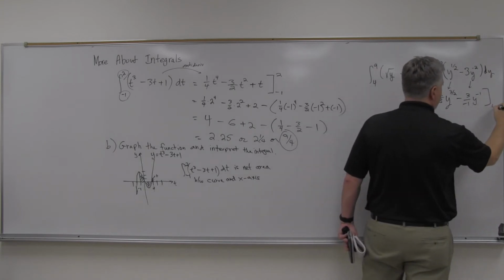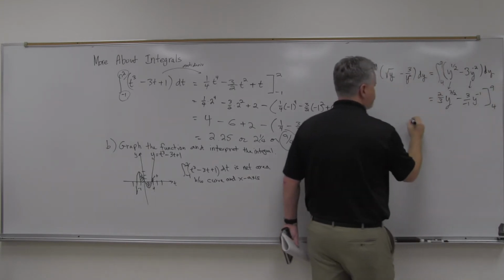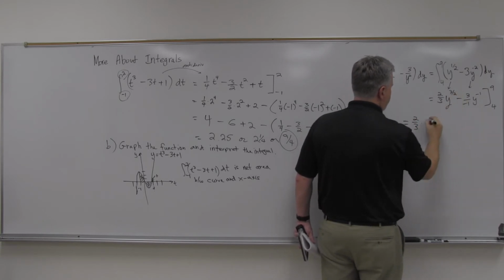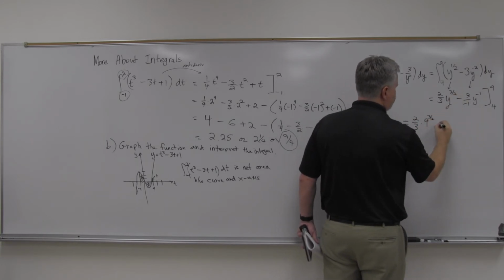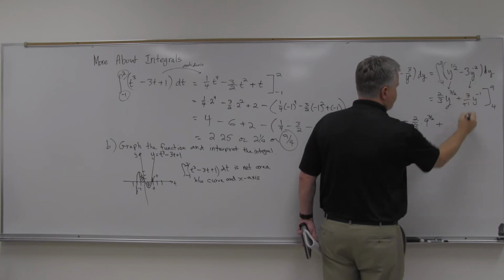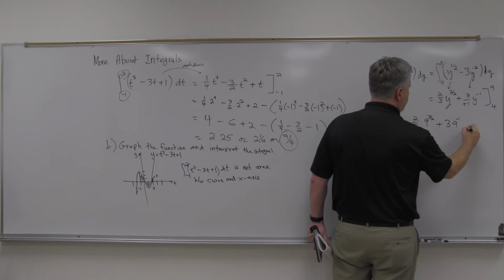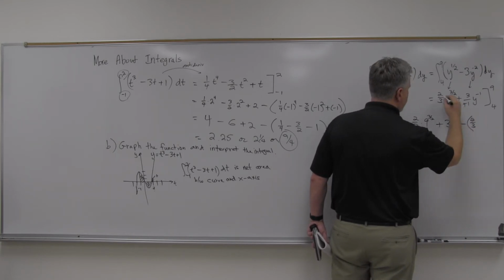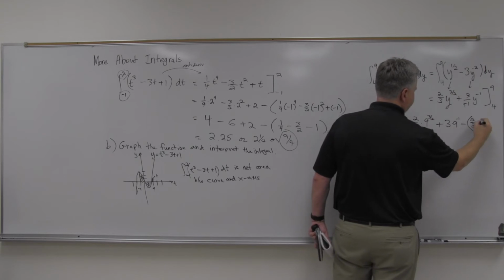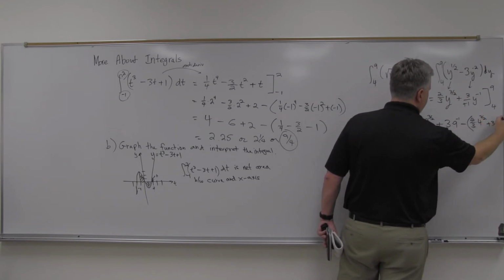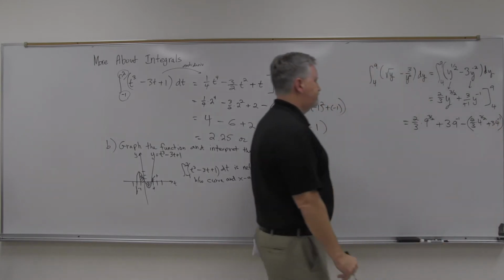Then evaluate that at our limits, which is going to give me 2/3 times 9 to the 3/2, plus 3 times 9 to the -1, minus, and then plug in the y to be 4: 4 to the 3/2 plus 3 times 4 to the -1.